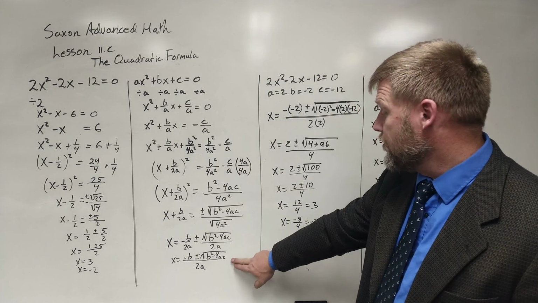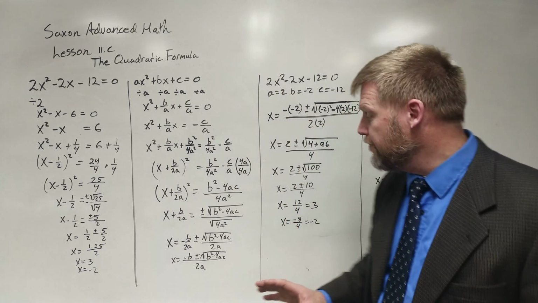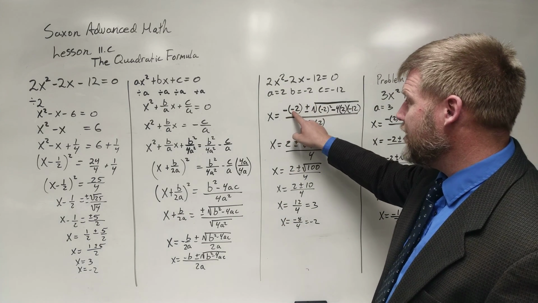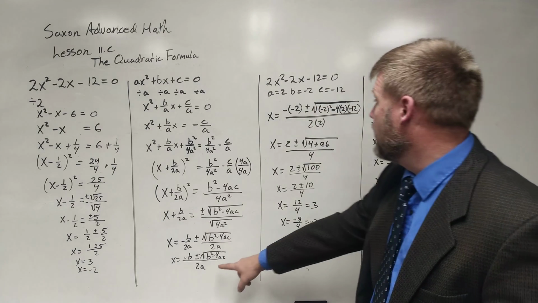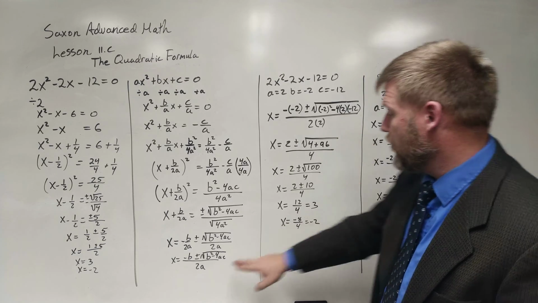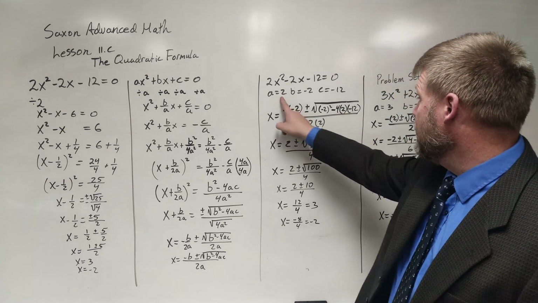Then I use this by putting them in, making sure that I have parentheses where needed. So in other words, the negative b, well, my b has a negative, so it's negative, negative 2. That's my b. Plus or minus the square root of b squared. b is negative 2, so I plugged it in. Minus 4, that's part of the equation, right? Times 2, because that's my a value.